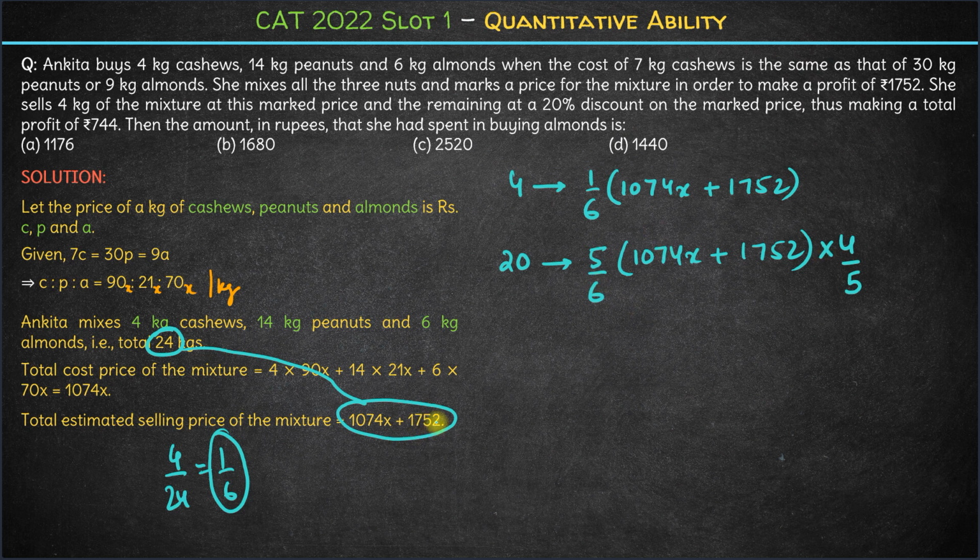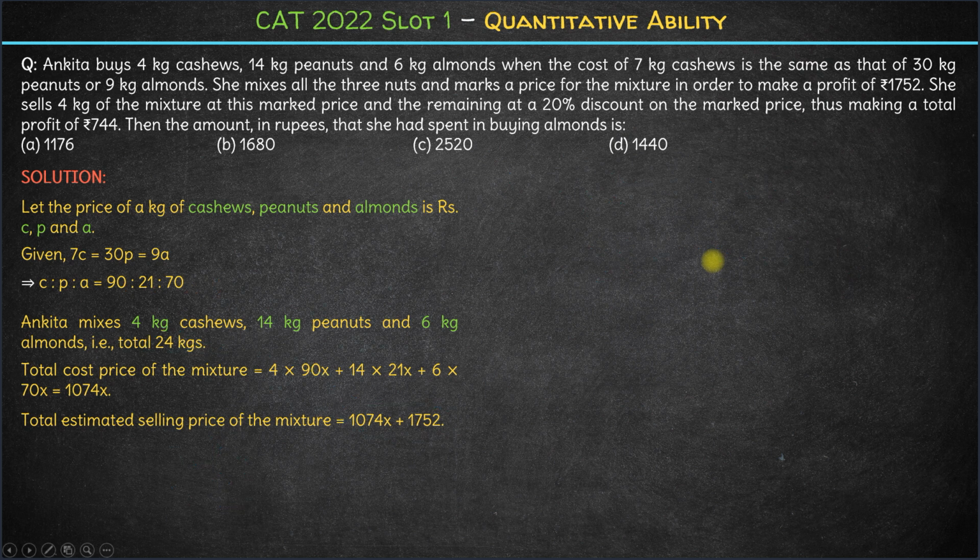Okay. So the total earnings for Ankita would be how much? This would be the earnings on the first 4 kgs and this would be the earnings on the next 20 kgs, right? So the total estimated price was one thing, but the total actual selling price of the mixture will be 1/6 for the first 4 kgs, and then for the next 20 kgs a discount of 20% is applied.